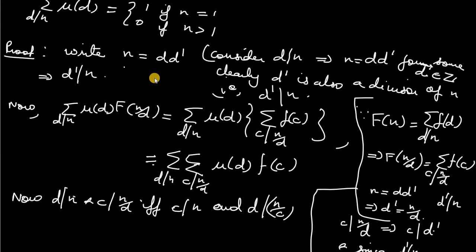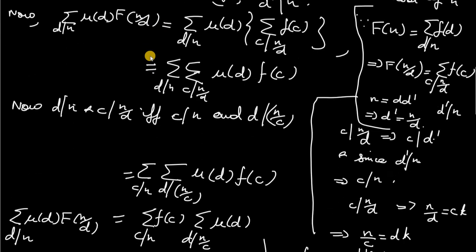Now we know that d divides n and c divides n upon d if and only if c divides n and d divides n upon c. And how we get this result is, as you can see here, c divides n upon d, but we know that n upon d is equal to d prime, so this implies that c divides d prime, but d prime here divides n, so this implies that c also divides n, from one of the basic properties of divisibility.